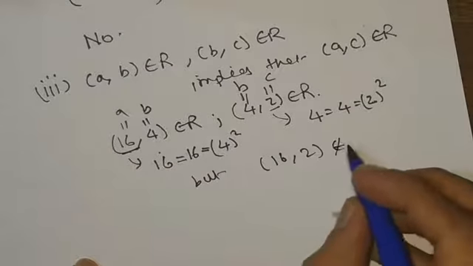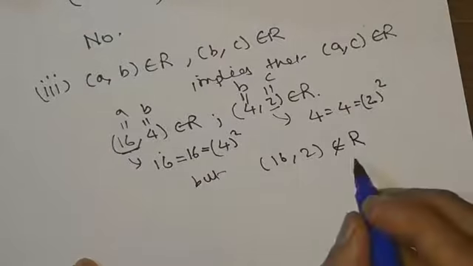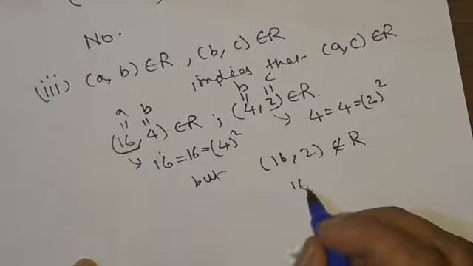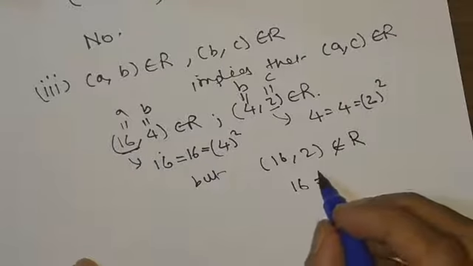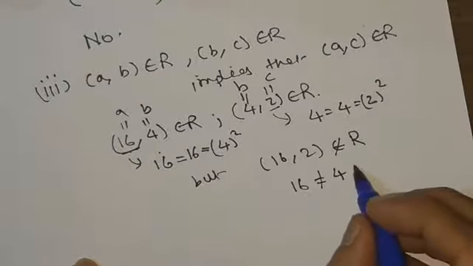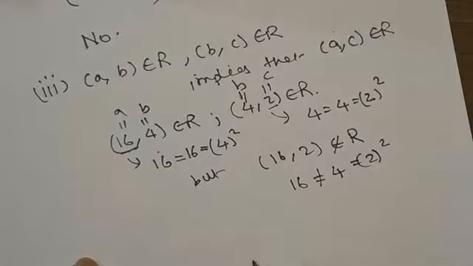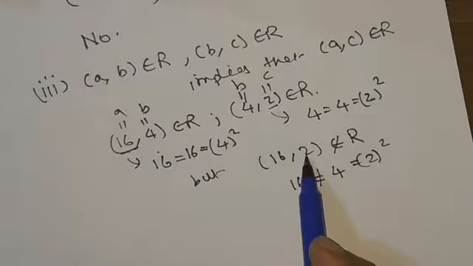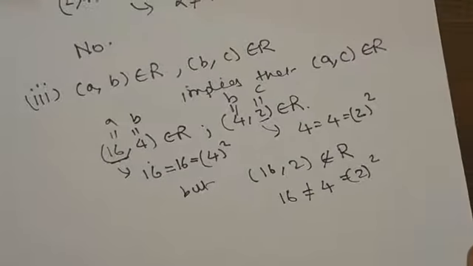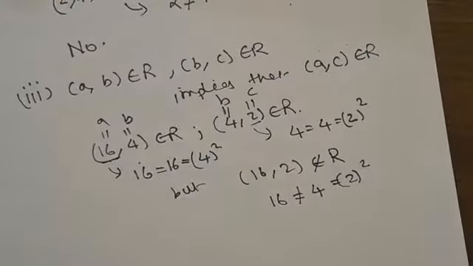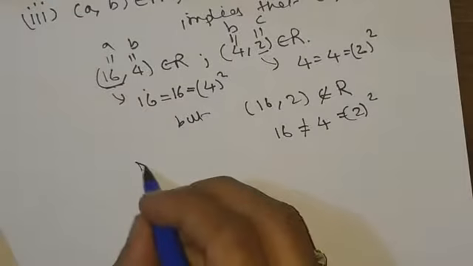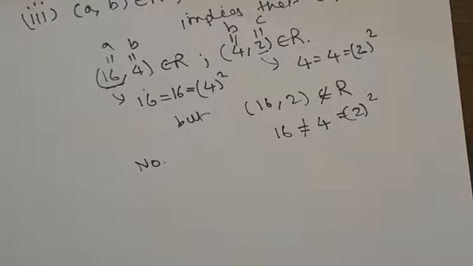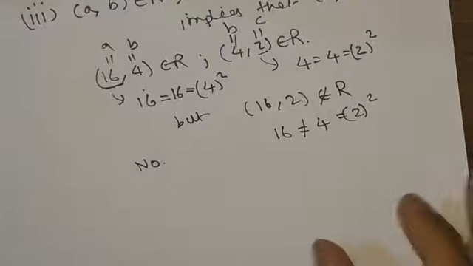But what happens is A comma C is not belonging to the set R. Why? Because A, which is 16, is not equal to 2 square, which is 4, right? So A comma C doesn't belong to the set R. So this statement is not true. So is the statement true? No.